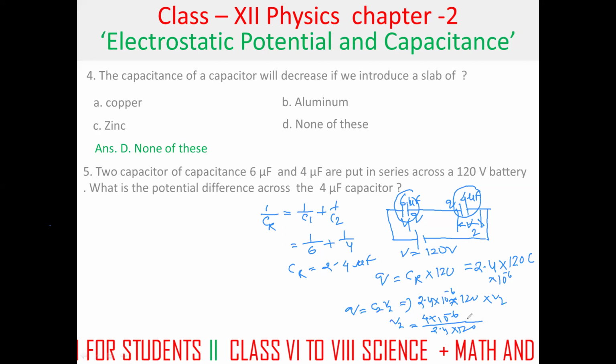If you find out the value here, you will get 72 volt. Okay, hope it is clear to you.